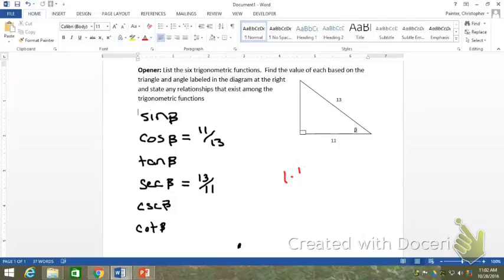So if we do 1 divided by 11 over 13, that really gives us 1 times 13 over 11. So in other words, what Emily's telling us is that we're really taking 1 and dividing it by the cosine value to get the secant value. Questions on that?